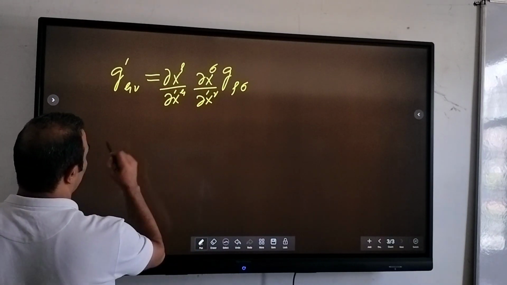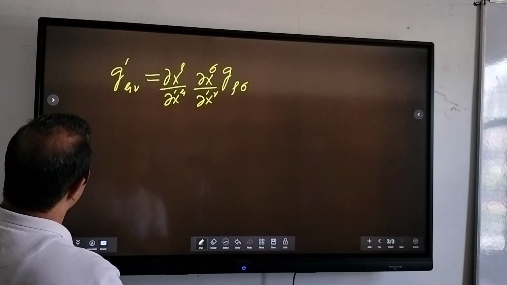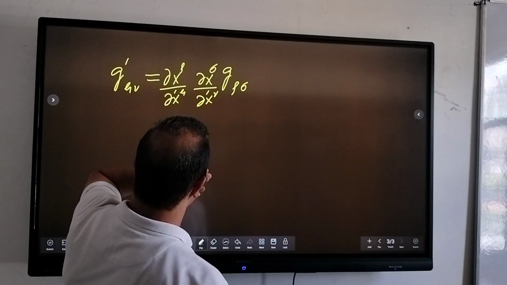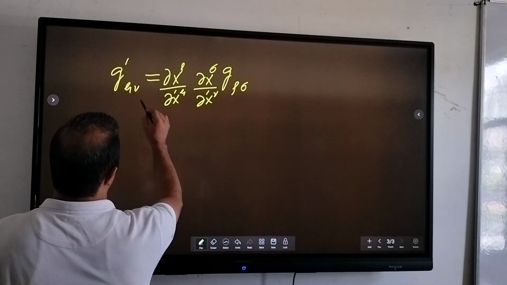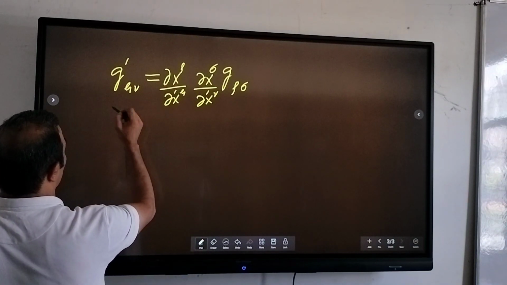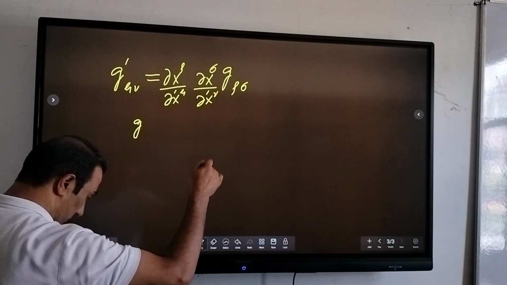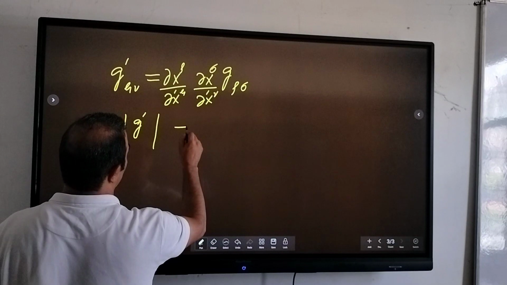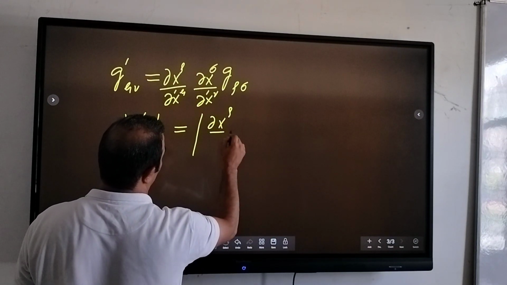And you can write this, when mu equal to nu prime, as equal to 1. Or if you take the determinant on both sides, this will be the determinant of this, and take that determinant for this thing.